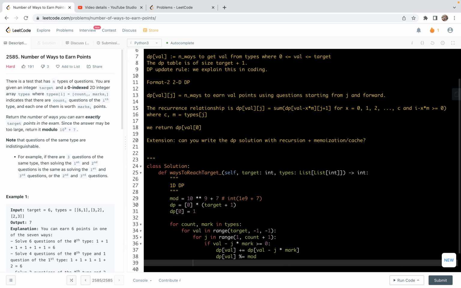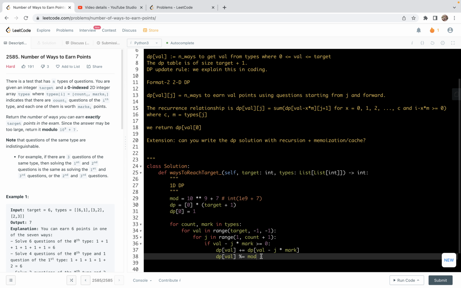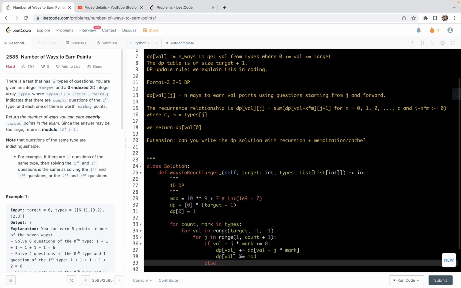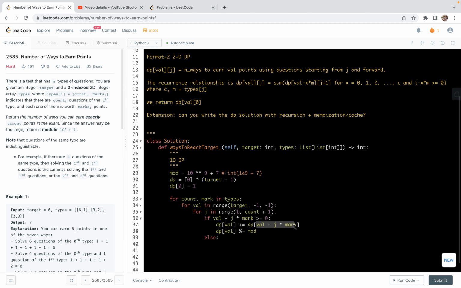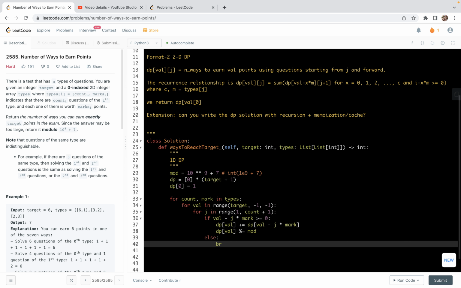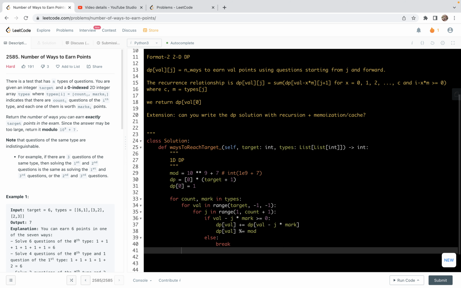And then what we are going to do is check if value minus j times mark is non-negative. If so, it means that we can try to pick j questions of current type. Then we are going to update dp[value] by dp[value minus j times mark]. Also, let's not forget to modulo this big constant.